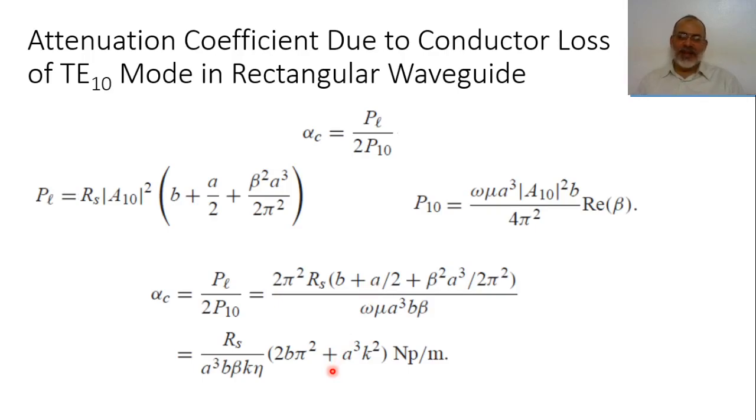Anyhow, this is some algebraic simplification. I'm not sure about it right now. This is the attenuation coefficient due to the conductor loss of the TE10 mode.